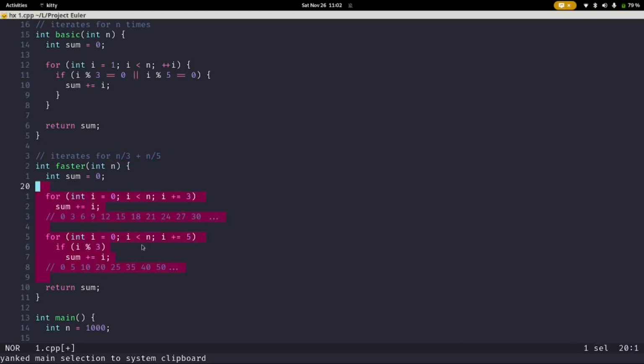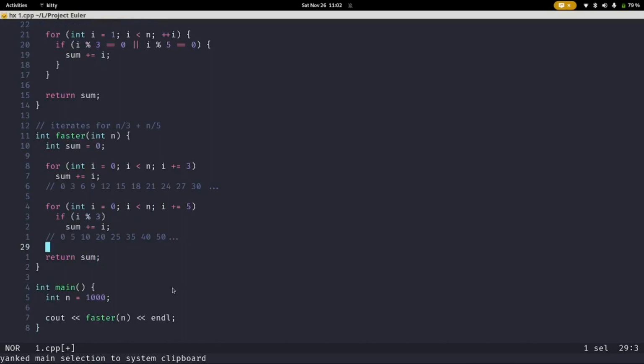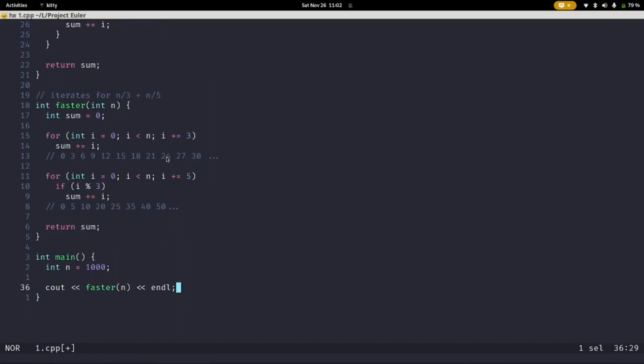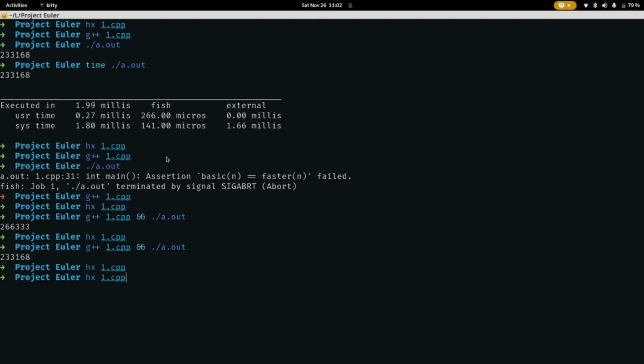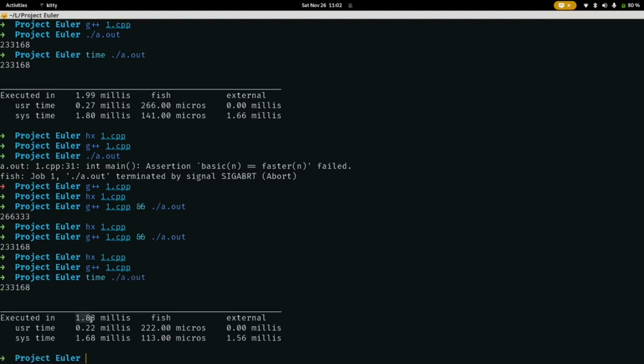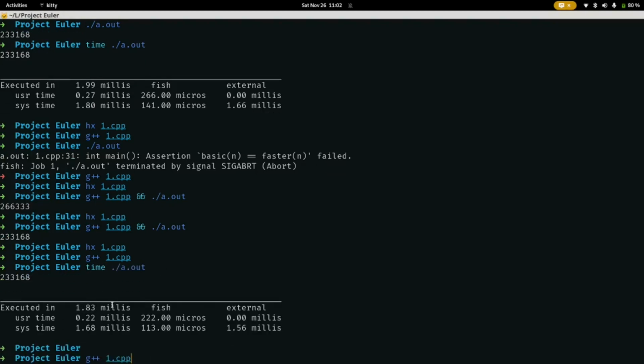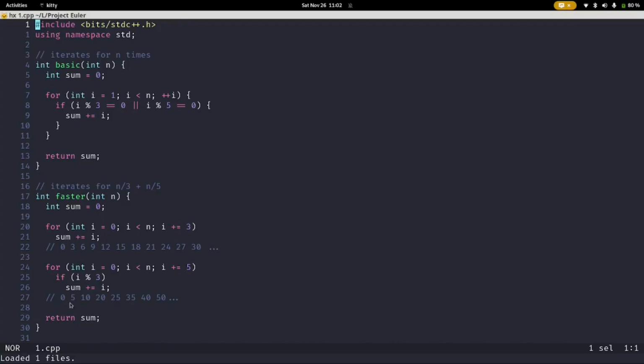So it is iterating far fewer times, and it should be visible in our time. If we time the execution of this one, we should see a decrease from 1.99 milliseconds. Let's take a look, and we get 1.83 milliseconds, so the difference is not that big.